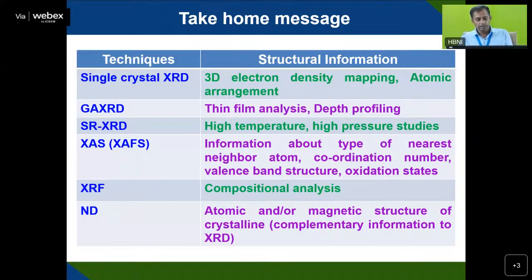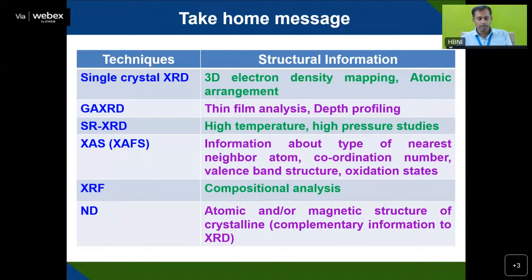In neutron diffraction, magnetic interactions like antiferromagnetic and ferromagnetic coupling can be found out. But the only difficulty is that to get a neutron source, you need a reactor or spallation facility.